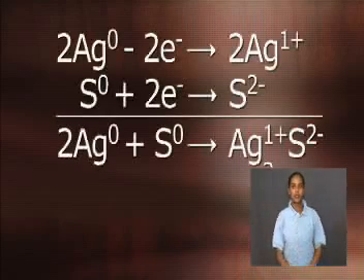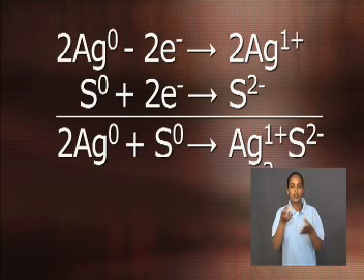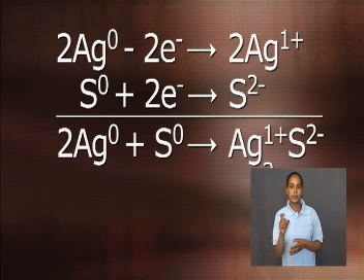Also, determine the number of electrons gained by each atom per molecule being reduced. Balance the number of electrons lost in oxidation with those gained in reduction.